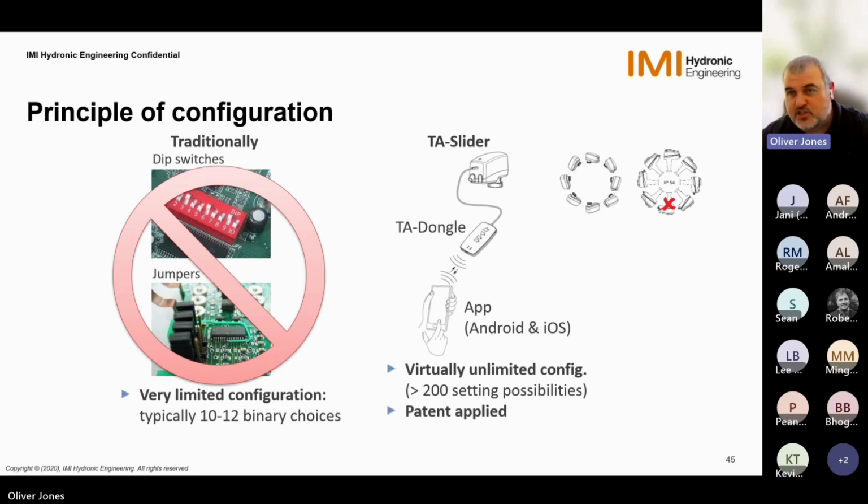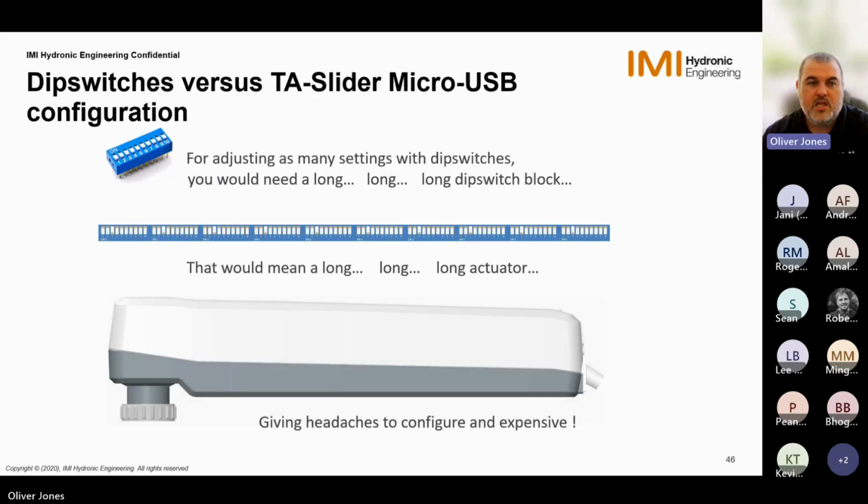We have virtually unlimited configurations. As you can see, we are above 200 setting possibilities. This is ever increasing. So as the range gets larger and larger and we introduce more products, the amount of configurations that become available also exponentially increases.